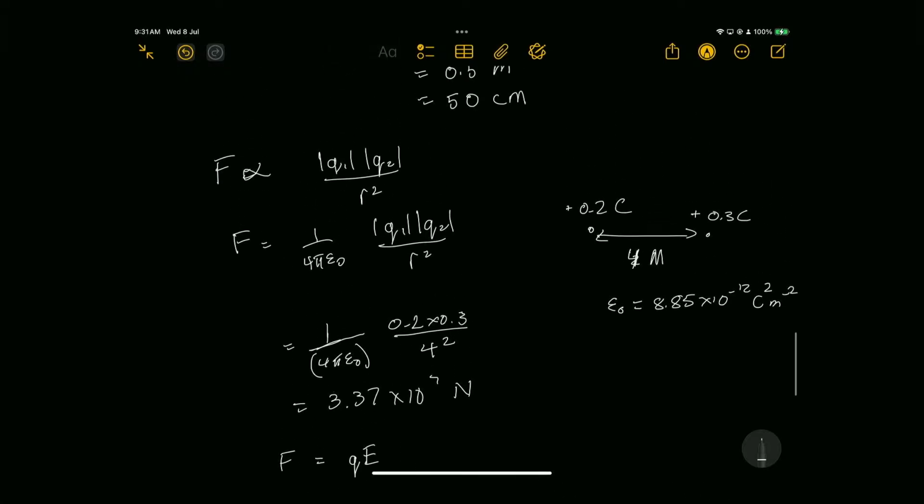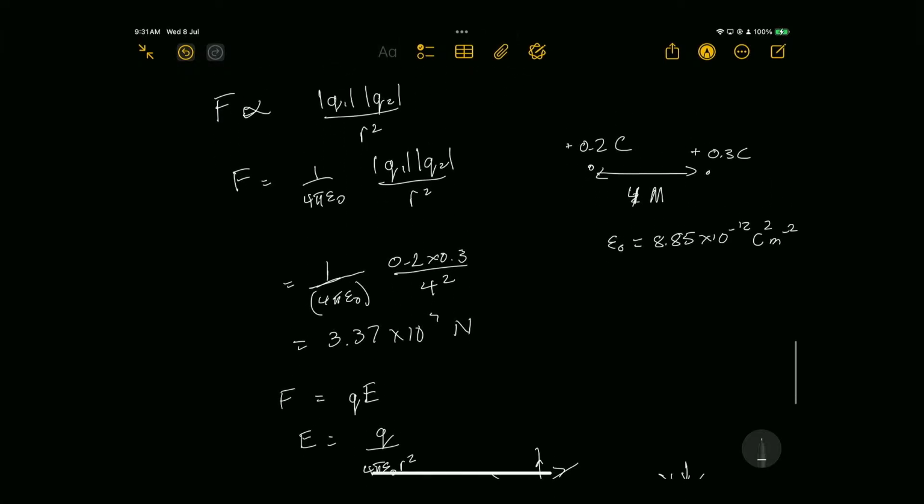So let me just go back to this question real quick, right? In a question like this, instead of having it in coulombs, you might see microcoulombs or millicoulombs, for example. So remember, if you have microcoulombs or millicoulombs, you need to convert it to coulombs to be able to put it in Coulomb's law, right?